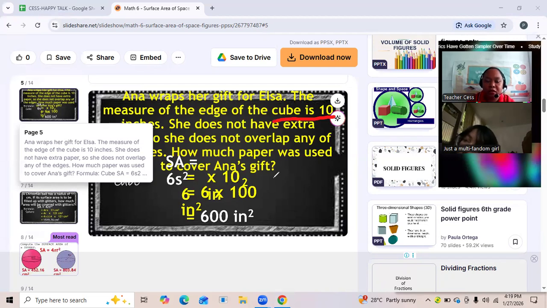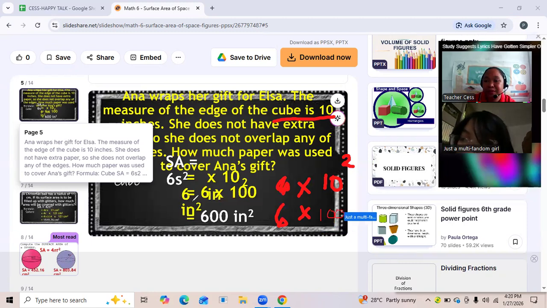If that is 10 inches, it means that would be 6 times what? It is 6s squared, so 6 times s, where s is 10 inches. So 10 squared, what is the square of 10? 10 squared is equal to 100.